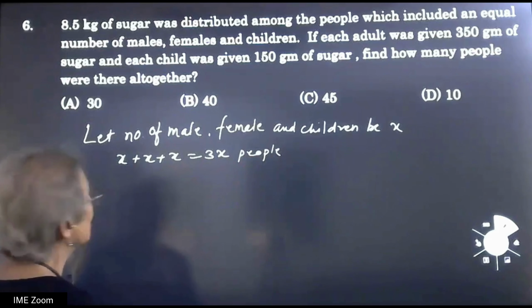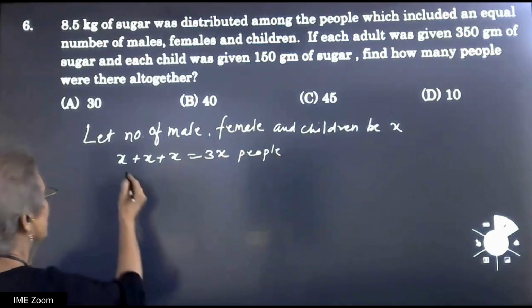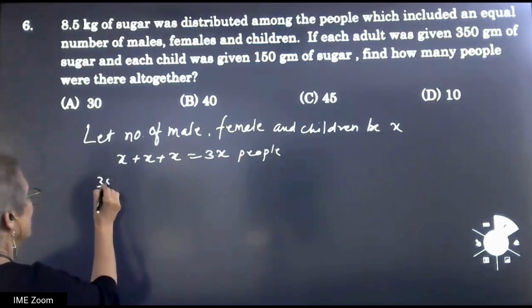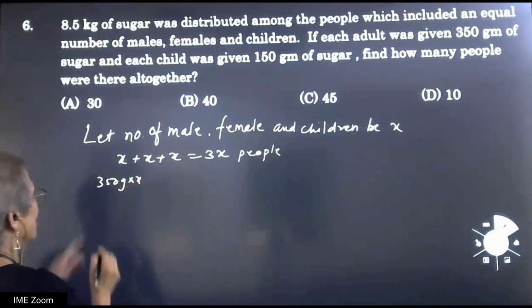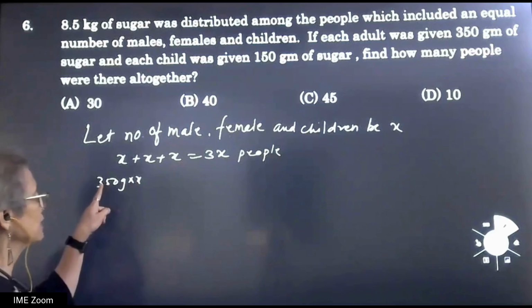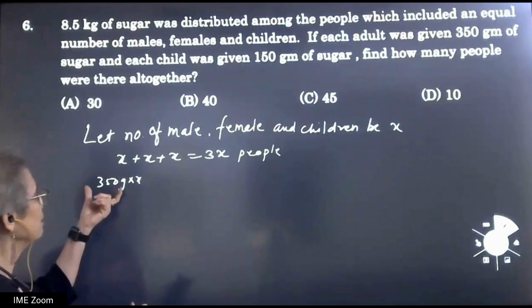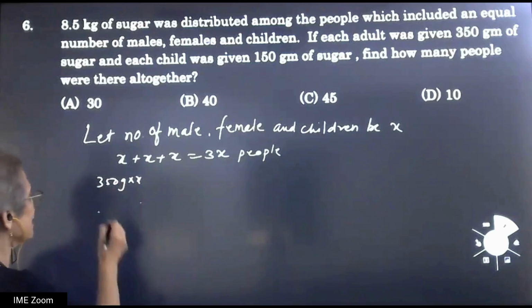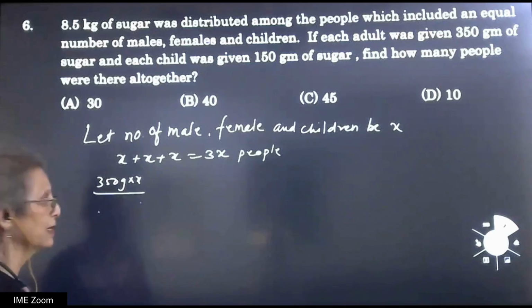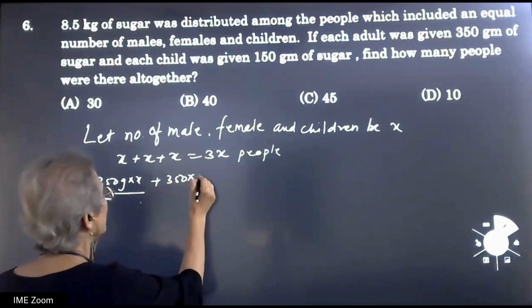Now what is given? Each adult was given 350 grams. So 350 grams into X. One male was given 350 grams. Adult means male and female. There were X males, so this much was given to males. Similarly, 350 into X was given to females.